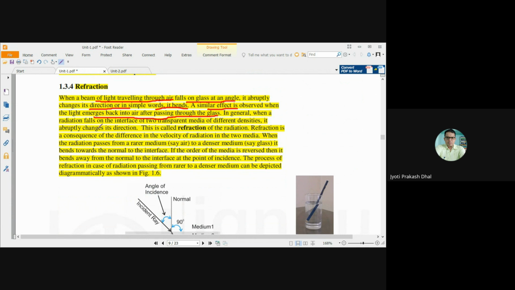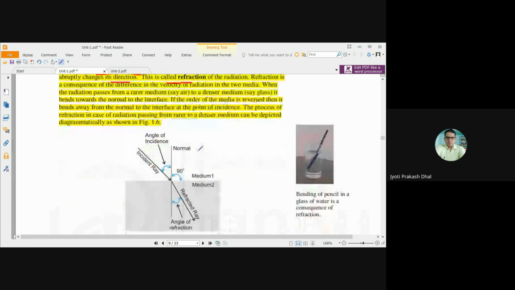In general, when the radiation falls on the interface of two transparent media, the density of the two transparent media will be different, and the light will abruptly change its direction. This phenomenon is called refraction.